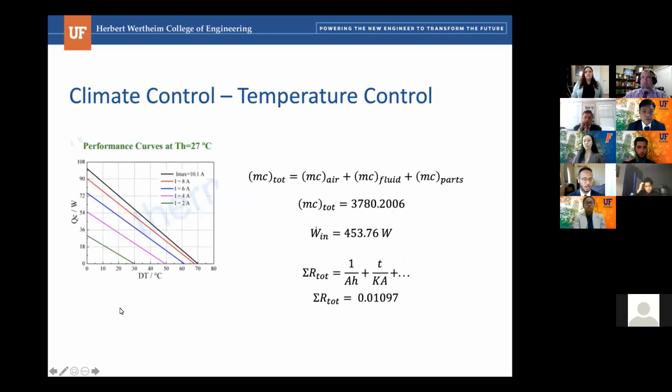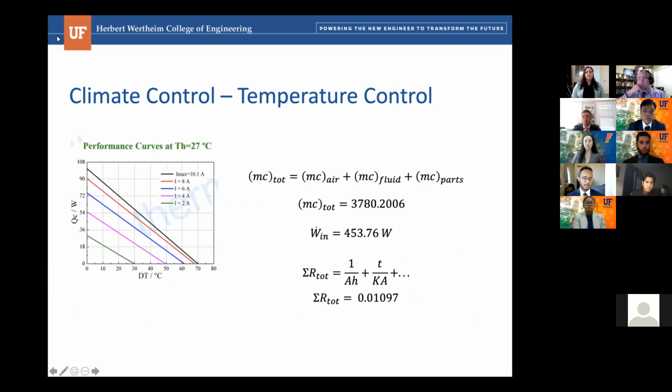And now to the left, we have the performance curve for the TEC1 12710 thermoelectric device. Using the max current value, as well as the DT on the x-axis, it was found that 72 watts was needed under steady state.